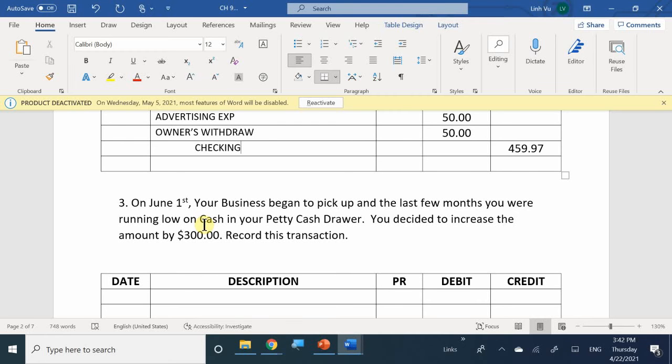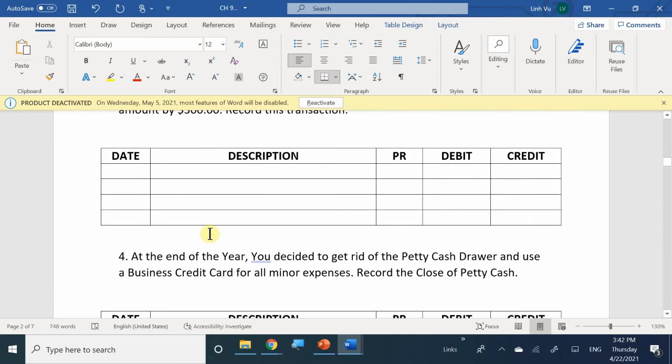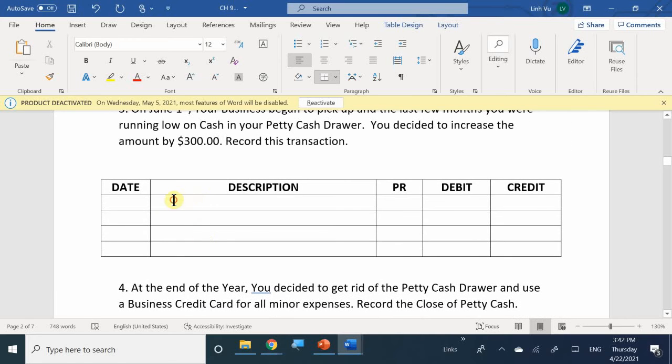So you decided to increase the petty cash by $300. Record this transaction. How do you increase the petty cash fund? You would debit petty cash and credit checking for the 300, because we're increasing it. Then make a note: increase in petty cash fund.